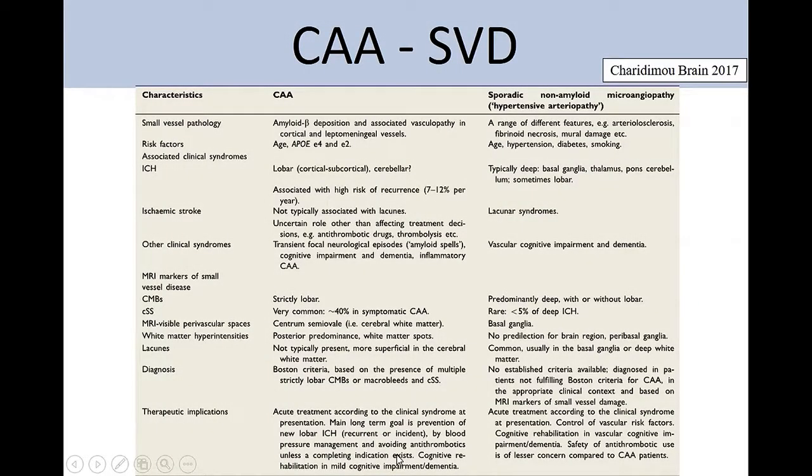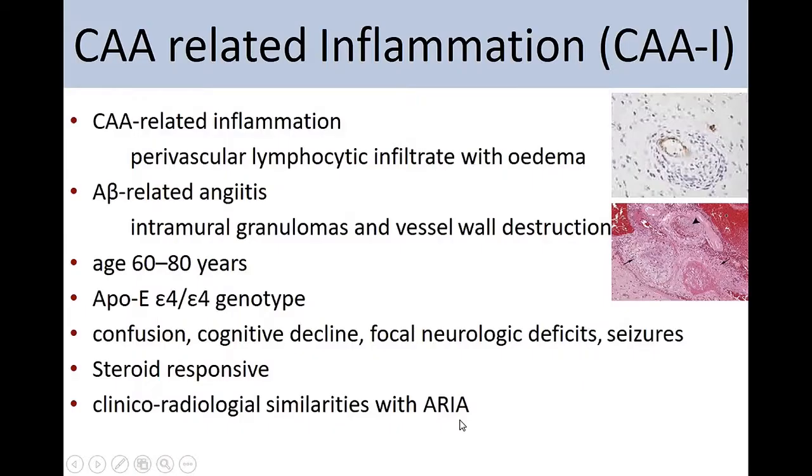So from this, you can develop a template by which you separate the two, and you see the MR markers: the microhemorrhages, strictly lobar for CAA, predominantly deep with or without lobar for small vessel disease; superficial siderosis in 40%, quite rare here. Perivascular spaces visible in the centrum, here in the basal ganglia. You remember maybe from yesterday, the état criblé. White matter hyperintensities, posterior dominance, no predilection, so that's a little bit woolly. And that would help you guide the patient in the next steps.